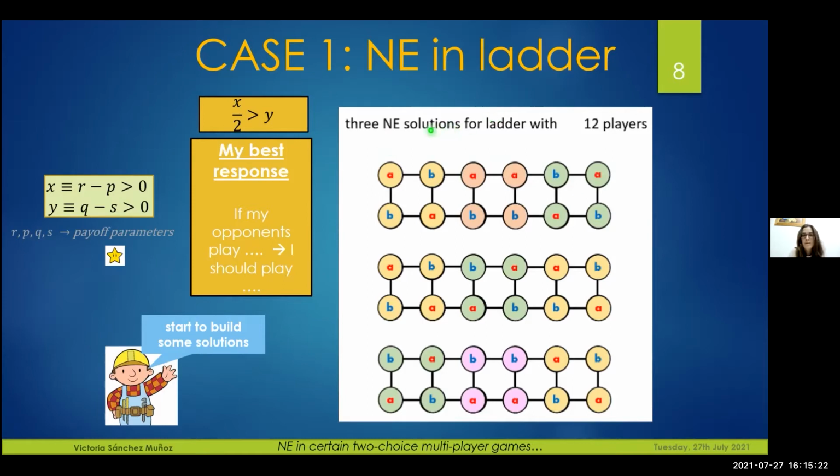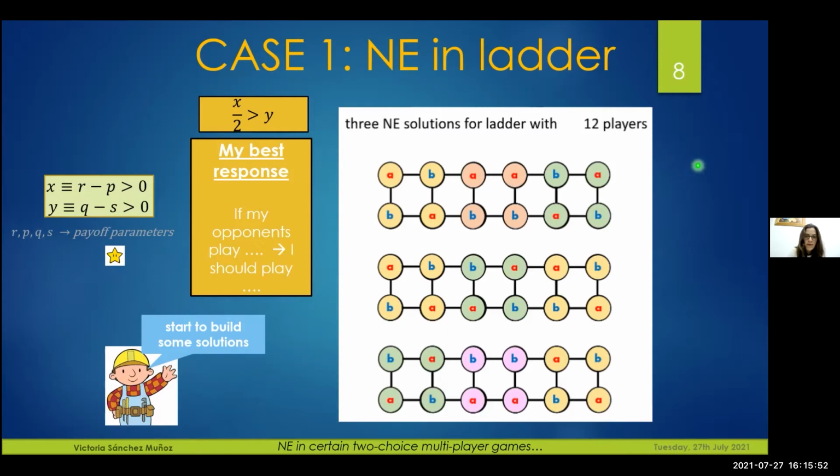And these are Nash equilibrium solutions. As you recall, that means that every player here doesn't want to unilaterally deviate from it. So this player, for instance, won't change unilaterally to B. He or she is better off with this A. So you start to build some solutions, and these are only 3 for 12 players, but there are actually more.